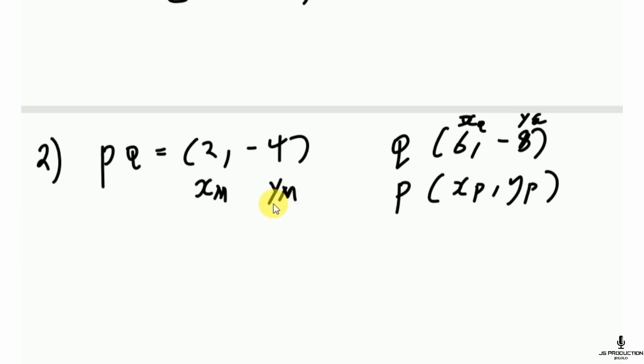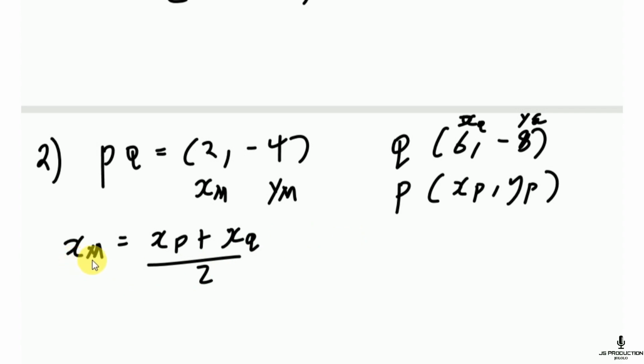So let us write down the formula. The formula for calculating xm: xm is equal to xp plus xq divided by 2.